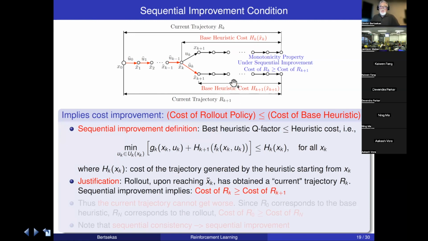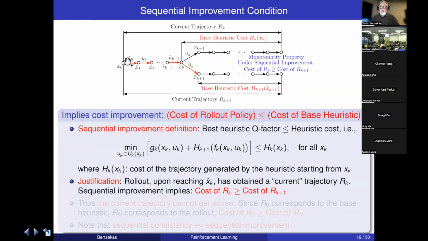Why is that? Well, this is the cost of the minimal Q factor. And this is the cost of the Q factor corresponding to, I'm sorry, this is the cost xk over here. And this cost of this trajectory is that part. So we are given that this cost is better than this cost.